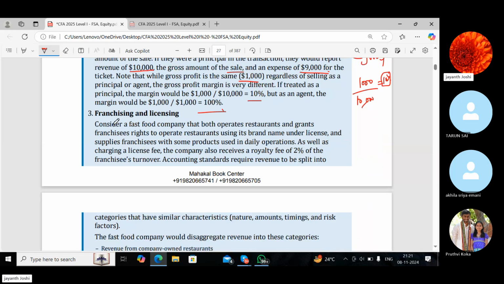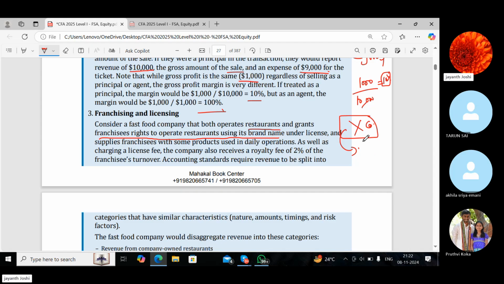Franchising and licensing. See, consider a fast food company that both operates restaurants and grants franchisee rights to operate restaurants under its brand name. That means if someone wants to run a restaurant, some company is running some concept, some particular food in which they excel, and you want to run a business not with your own concept, because you think that it will be a risky one.